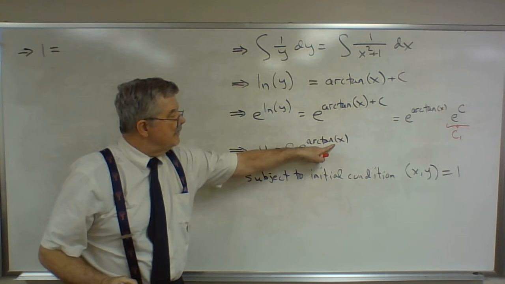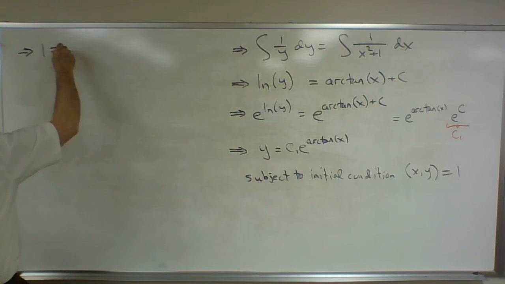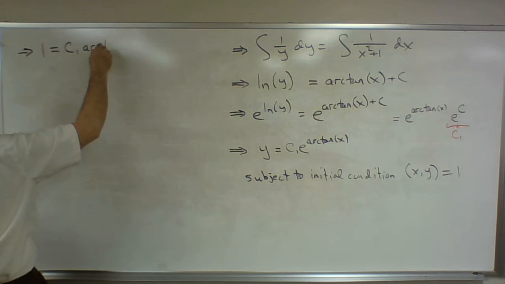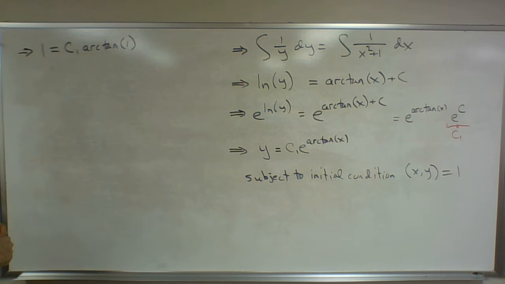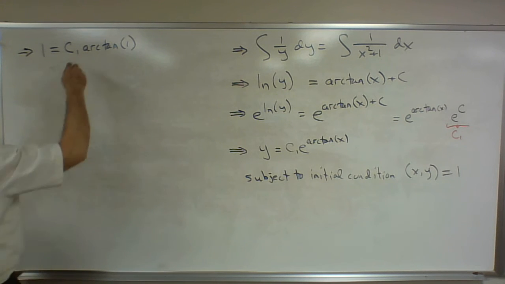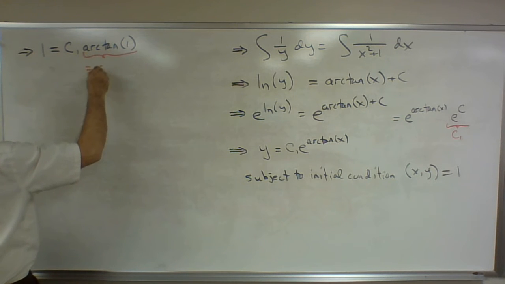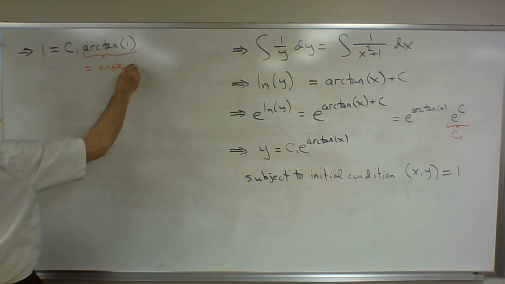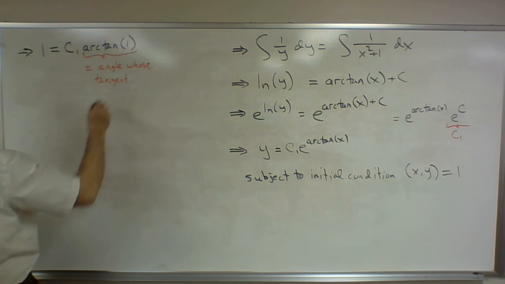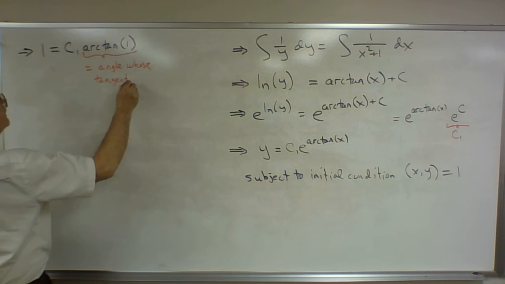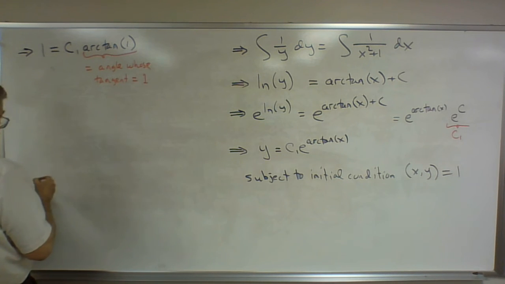Plug in 1 for x. The arctangent of 1 is the angle whose tangent equals 1.